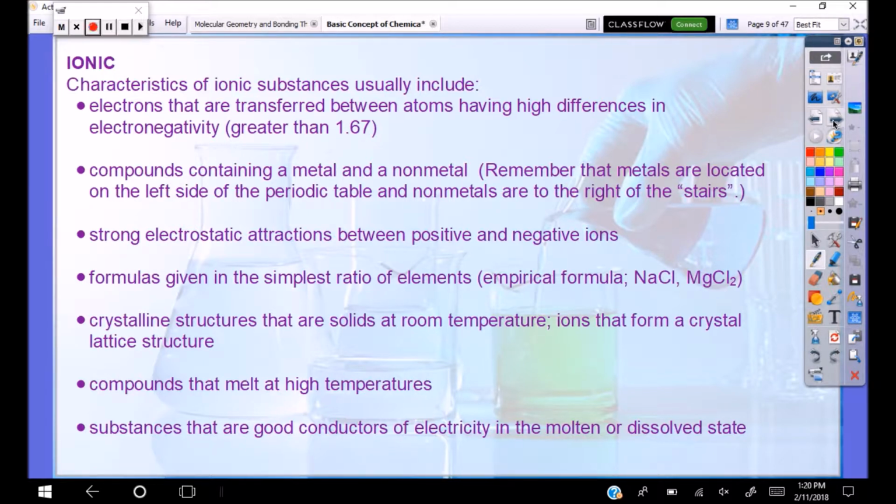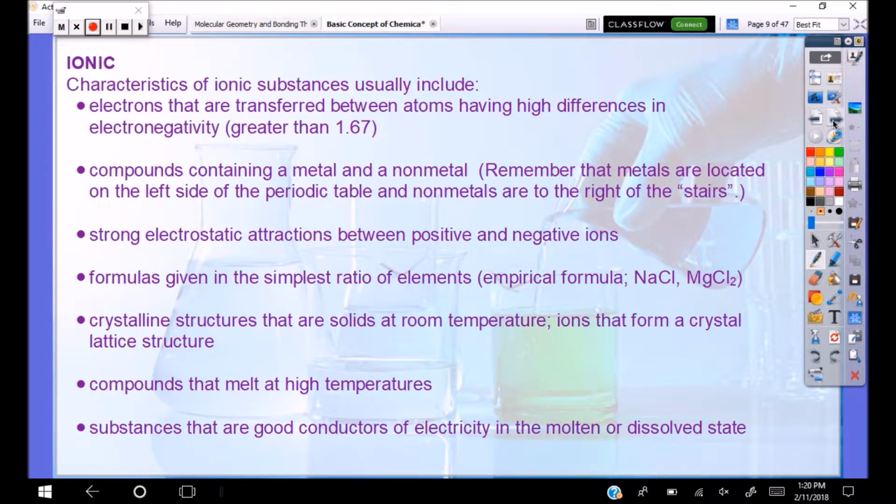We're going to talk about electronegativity difference shortly, and look at the Pauling table of electronegativity values. Memorize that number, 1.67. When the difference is greater than 1.67, it is going to be considered ionic. We also know ionic compounds are metal and non-metal, so things like salts, like table salt. Sodium is a metal, chlorine is a non-metal.